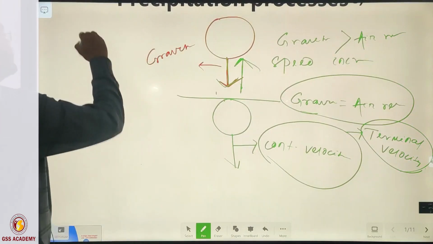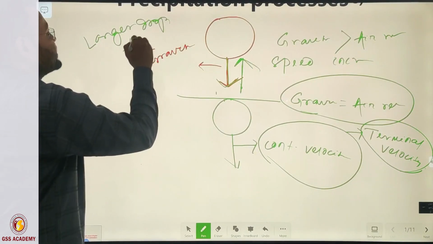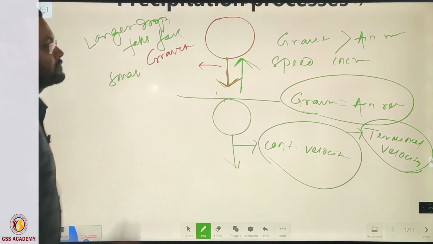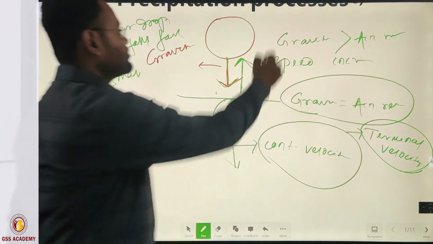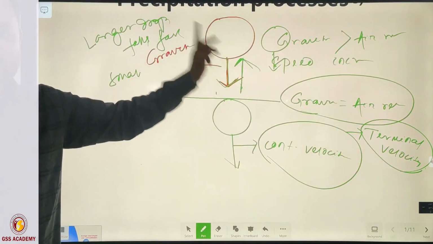Previously we have seen that the larger droplet falls faster than the smaller droplet. That means in this region a larger droplet will fall faster than a smaller droplet.